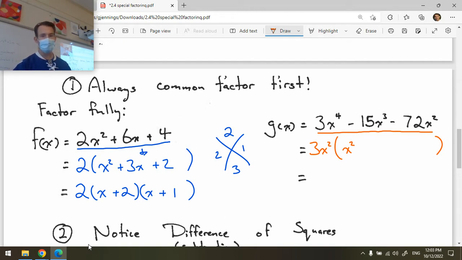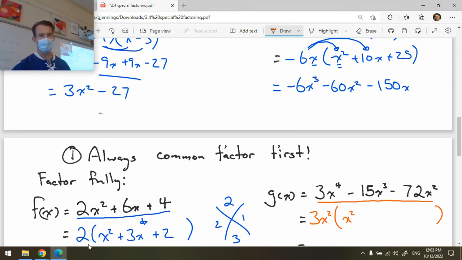A brief review, if I have something like x to the 6 divided by x to the 3, that's the same thing as saying x times x times x times x times x times x, 6 times, divided by x times x times x, 3 times.